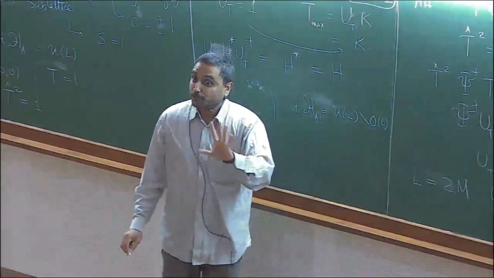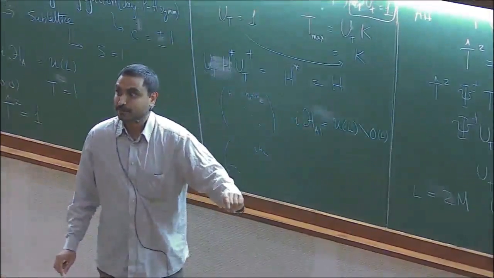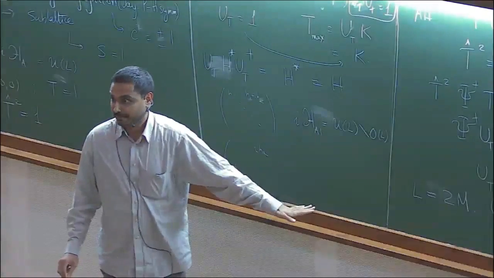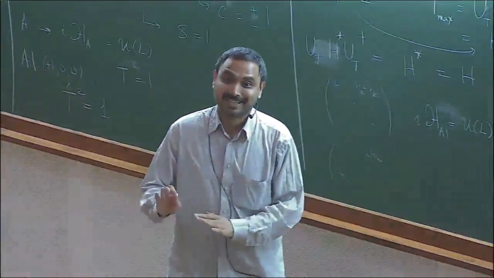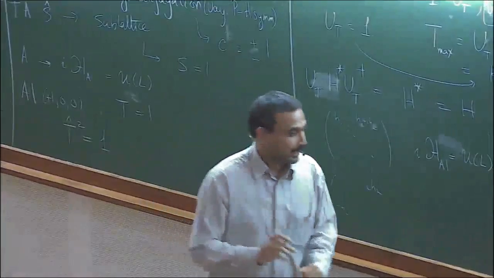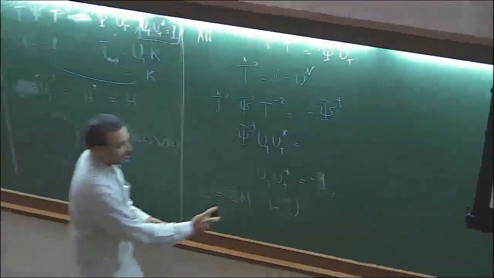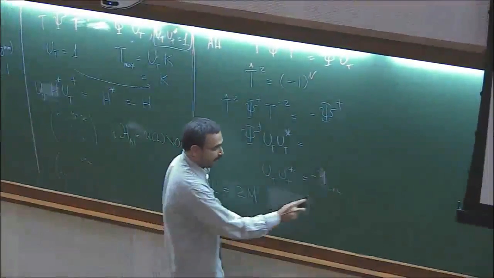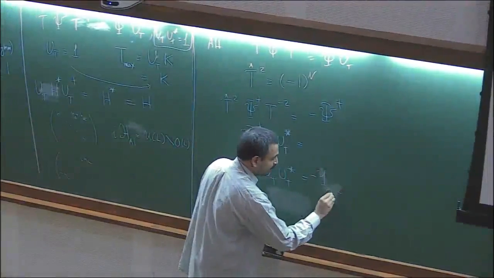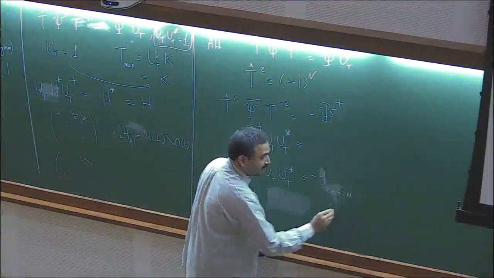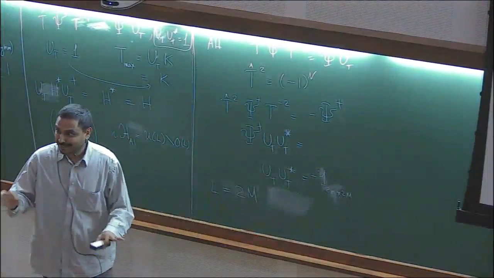Okay? So there's a formal way of showing that this is what happens for any m. And that again uses Takagi decomposition. There's a generalization of Takagi decomposition which says the following. A unitary matrix which satisfies this condition, which now I will explicitly write as 2m cross 2m, can always be decomposed in the following way.